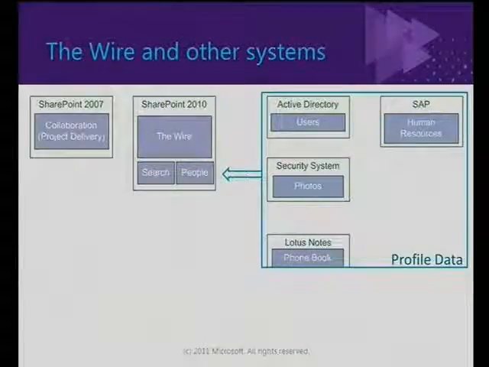The security system was used to store all of the photographs, and the Lotus Notes phone book had a lot of other information, like what their phone number was, where they physically were in the building, and their reporting structure. So we actually had to mash all of that data together, using some of the BCS tools and also some of our own code, and create profile data out of that.